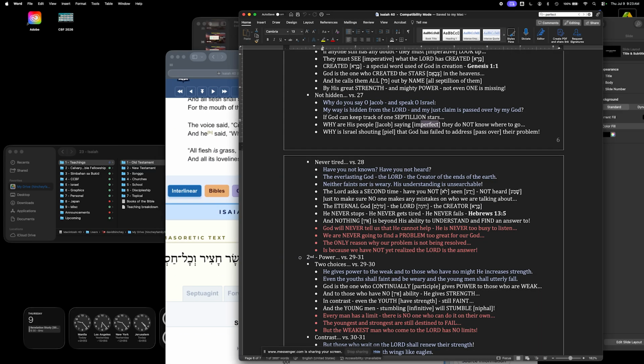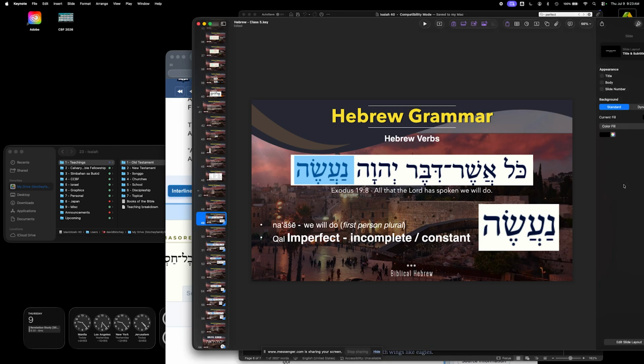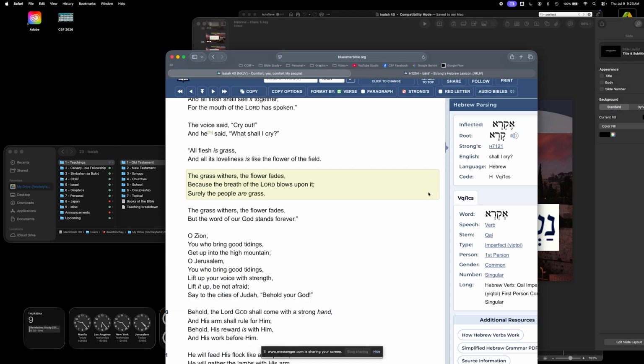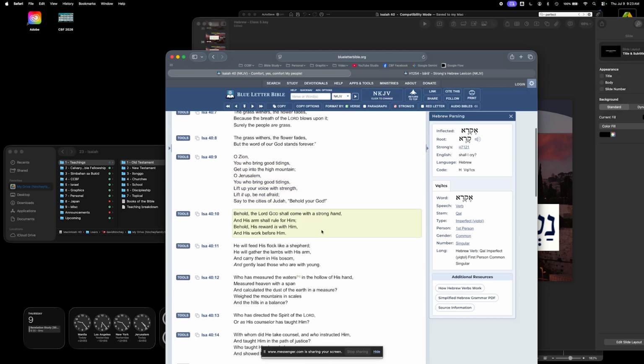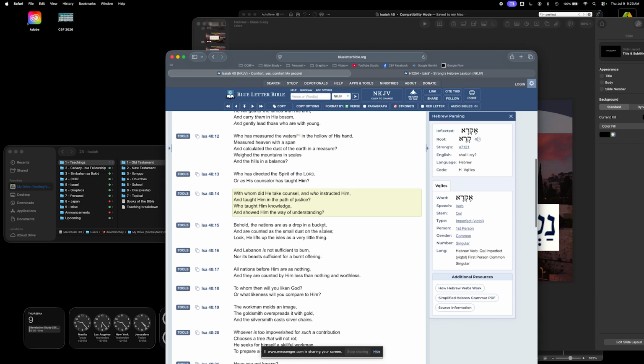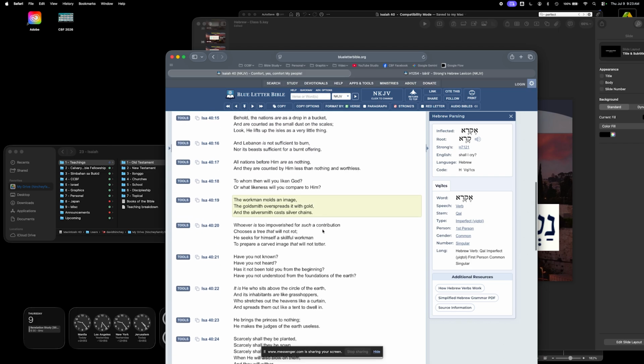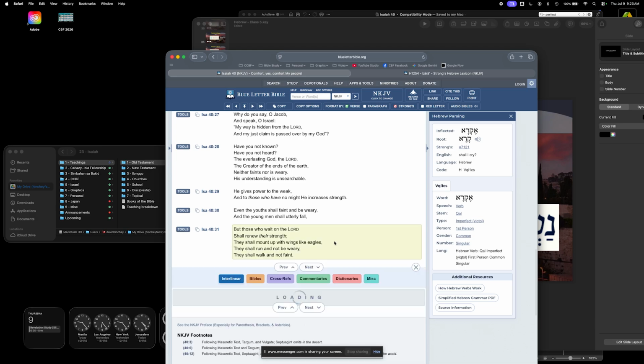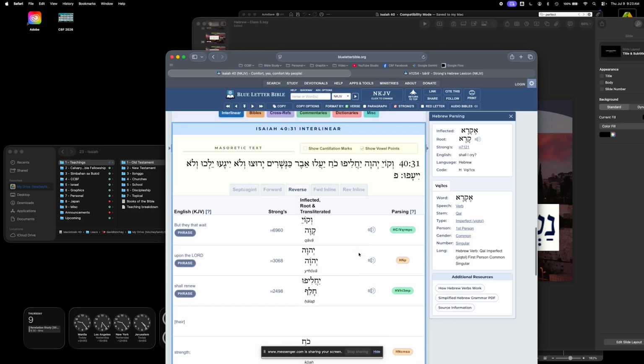See how they work? Perfect, completed action. Imperfect, incomplete action. And I think we have what we call a prophetic perfect. Let me see if I can find one. I think it's right here, actually.